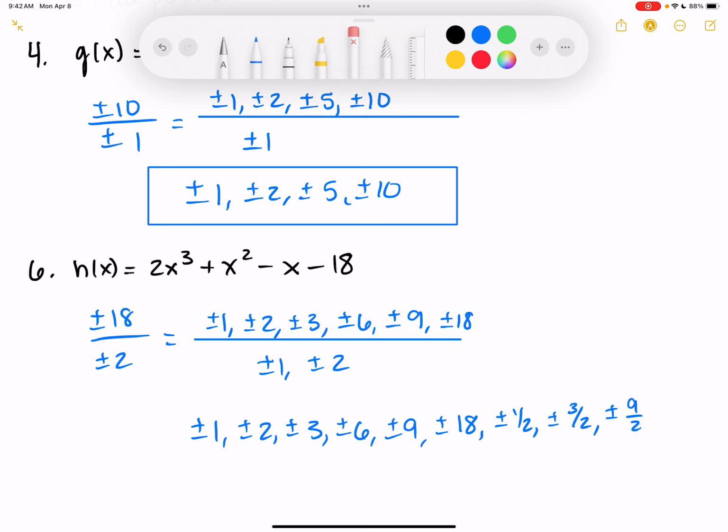So that would be all of them. So what this means is that based on what I have, there are 1, 2, 3, 4, 5, 6, 7, 8, 9, 18 possible zeros that this function could have, basically, that are real. There is an option to have complex zeros, but I don't think we do that in this class. We don't get to that till pre-cal, I don't think.